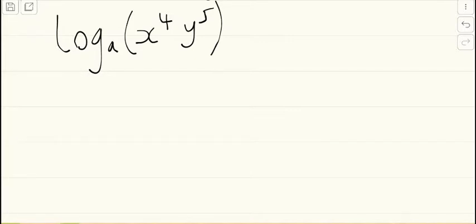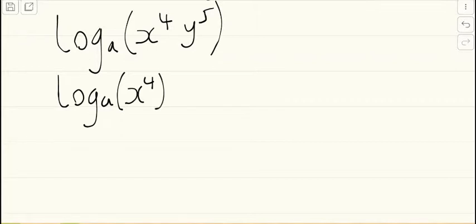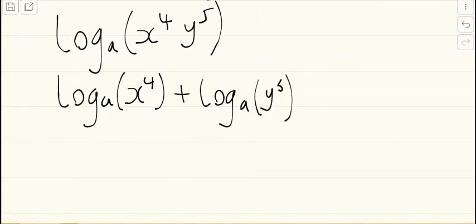So we're going to consider the multiplication law, which will make it become log to the base a of x to the power of 4 plus log to the base a of y to the power of 5. But we're not done yet because this isn't in the form log to the base a of x. This is in terms of x to the 4 and y to the 5. So we need to finally use our power law to rewrite this like this.